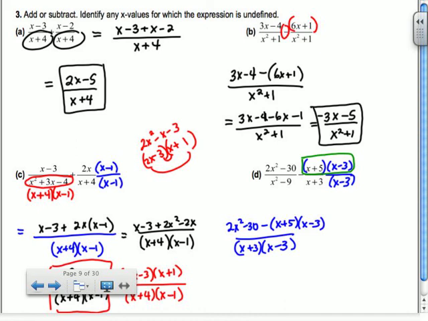So you have 2x squared minus 30 minus, I'm going to go ahead and FOIL. So my first term's x times x is x squared. My outer is negative 3x. My inner is plus 5x. My last is negative 15. All over x plus 3 times x minus 3.